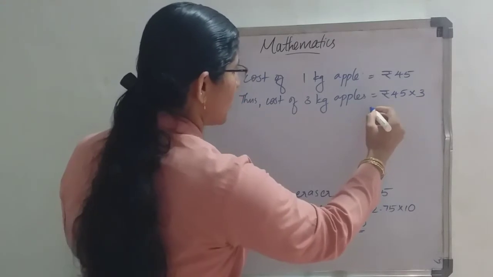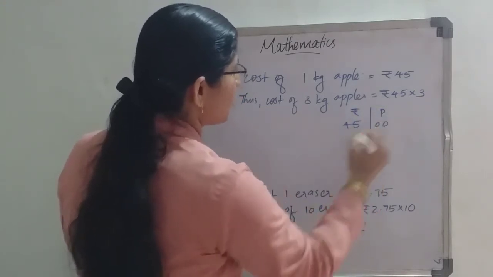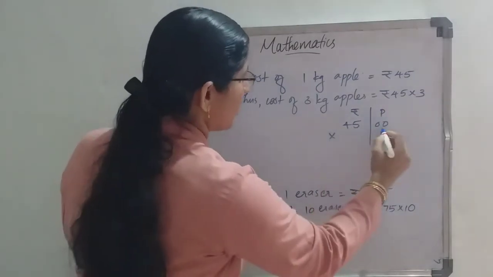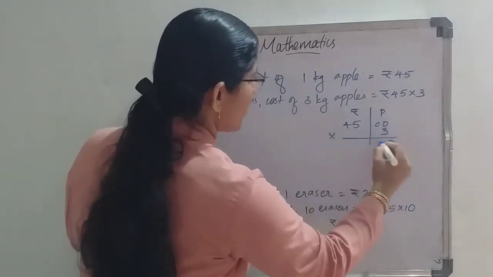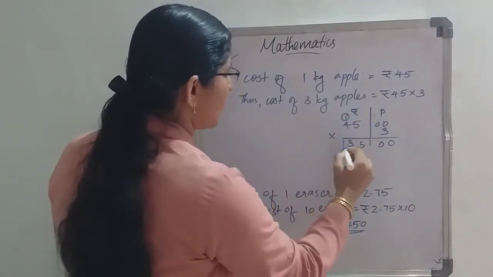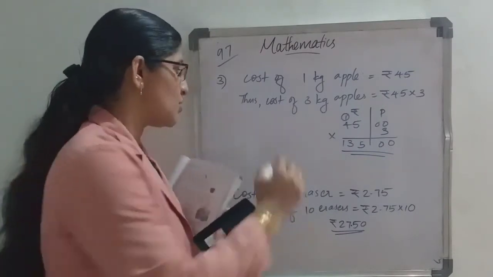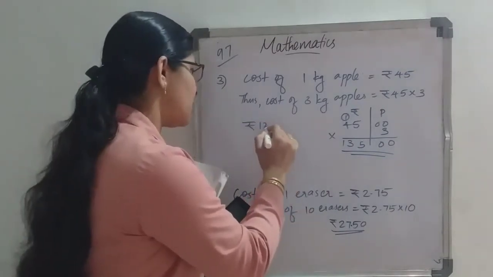So, rupees and paise: 45, there is no paise, you can put a 0. Then 3 times 0 is 0, 5 3s are 15, 1 carry over, 4 3s are 12 plus 1, 13. So 135 rupees. It is so easy to do this multiplication word problem.